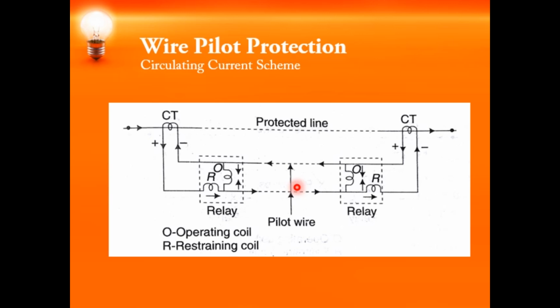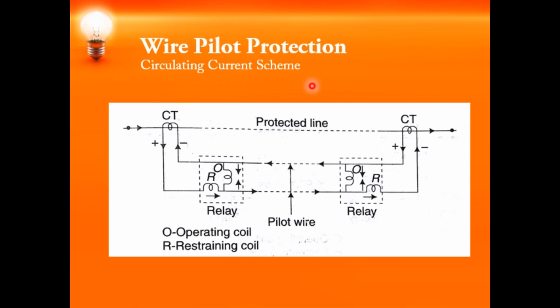There are two operating principles. This wire pilot scheme operates on the principle of differential protection, but there are two types depending upon the connection. One is called the circulating current principle and the other is called the balanced voltage principle. This diagram is for the circulating current principle, or circulating current scheme.